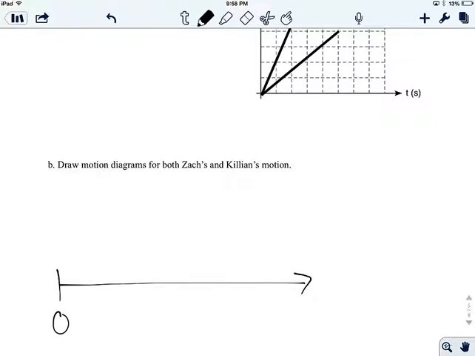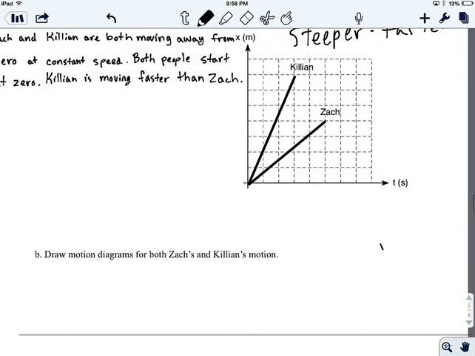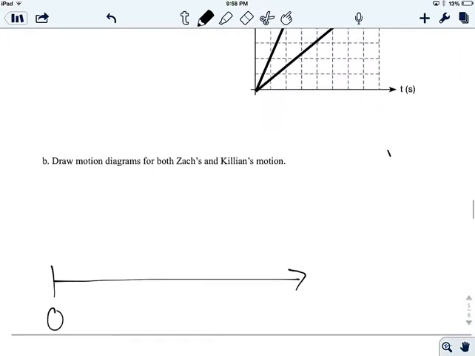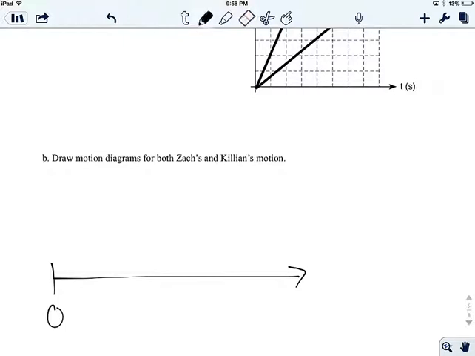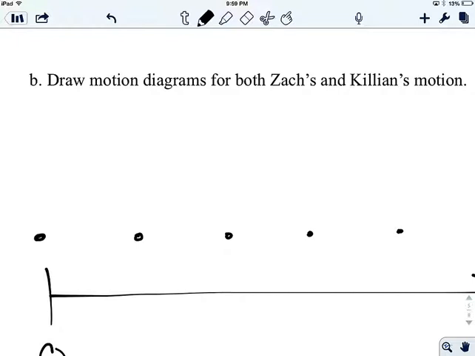Okay, so let's do Zach first. If Zach is moving that direction, I'm just going to draw some dots for Zach. Now, I happen to know that Killian's going to move a little faster. So Zach's going kind of slow. So I'm going to go ahead and make my dots close together, and my arrows will be a little shorter.